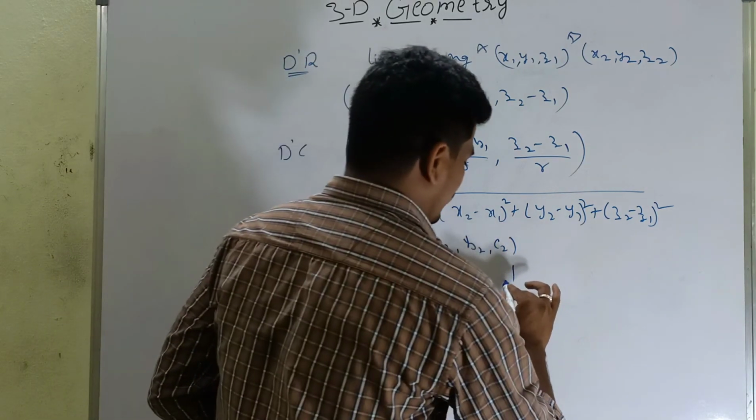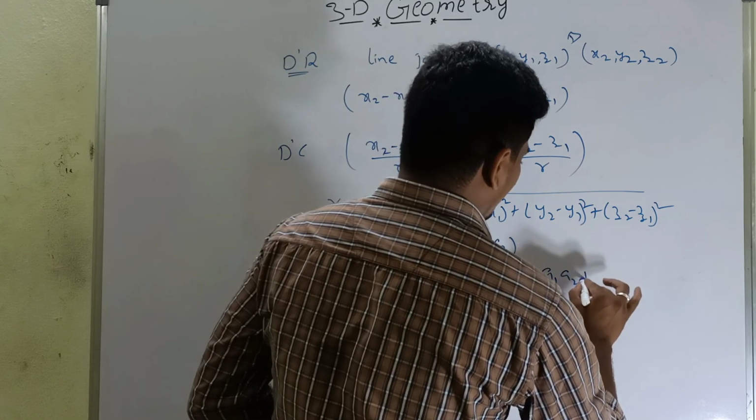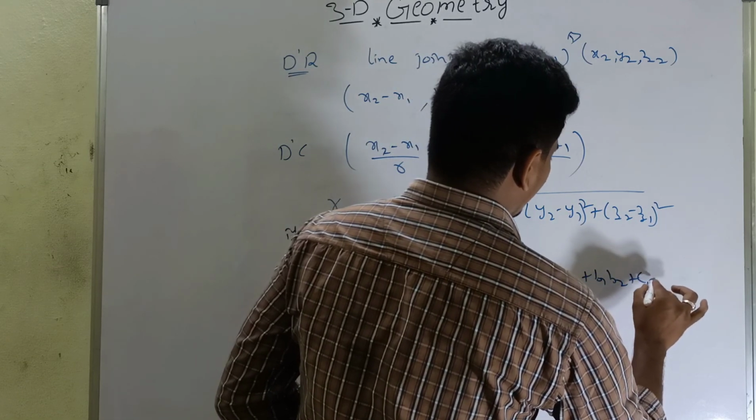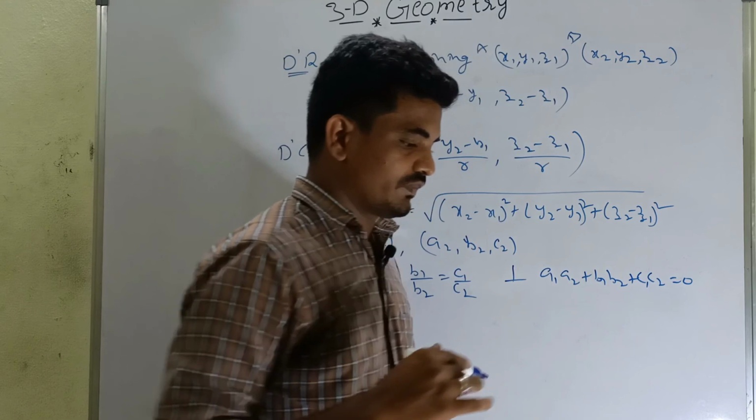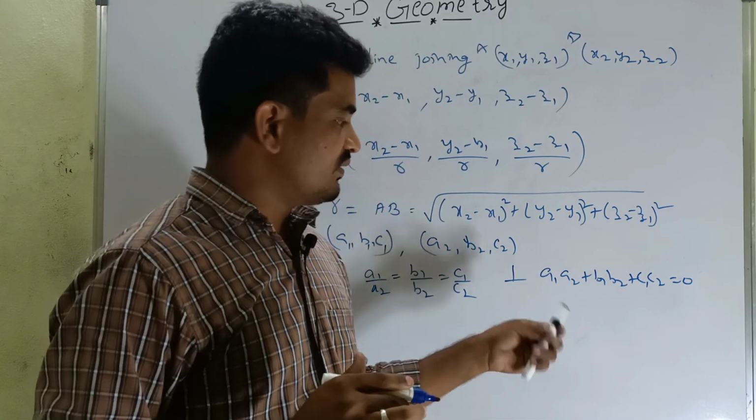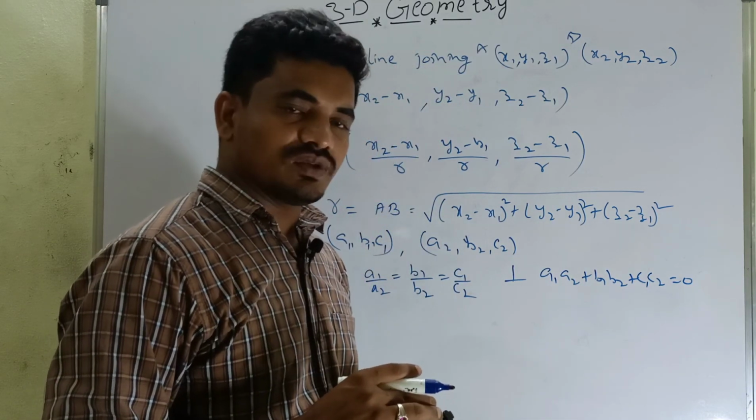Okay? And if they are perpendicular, what happens here? a1 a2 plus b1 b2 plus c1 c2 equals 0.